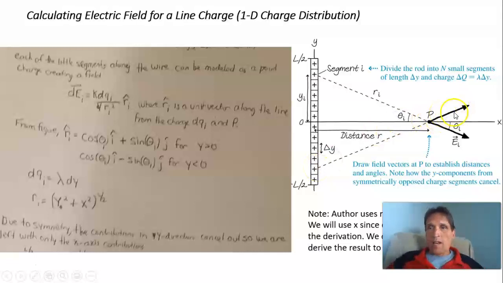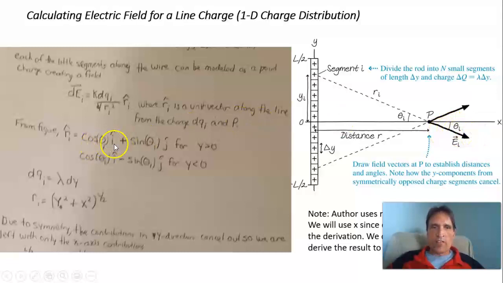Okay. Now we need to break r̂_i up into its components along the x and y directions. So this r̂_i, the unit vector along this direction, would have a component cosine θ along the x direction and a component sine θ along the y direction for points above the axis, and for points below the axis it would have cosine θ along the x direction and negative sine θ along the y direction.